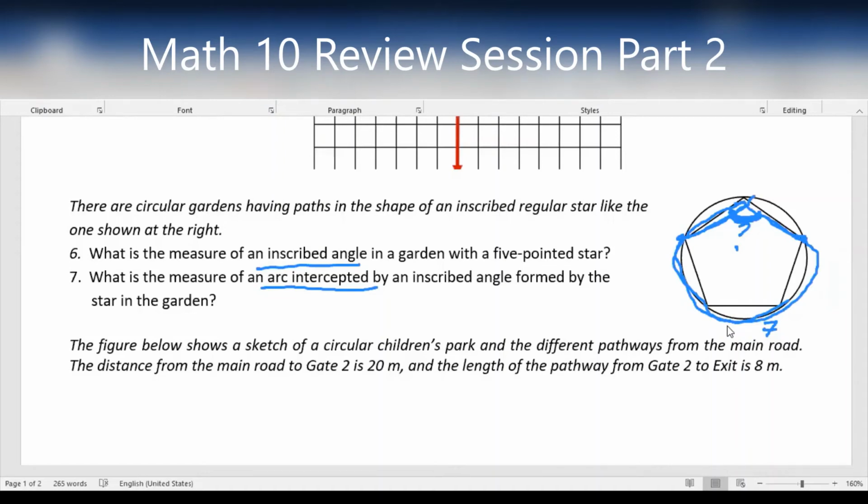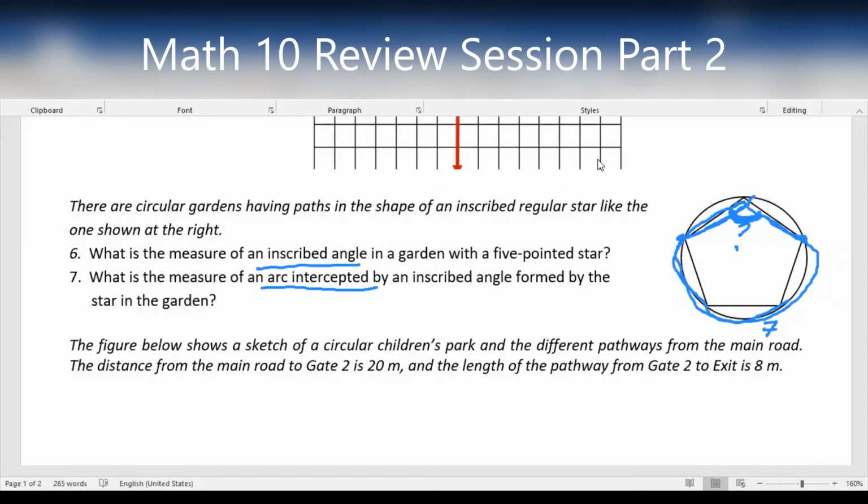So, according to Charlize, and this yung pinakauna. Francine, 108 and 216. Tapos, si Hannah, 72 and 36. So, let's see who got it correct. Let's hear from Francine kasi siya yung pinakamabilis. Francine, explain your answer.